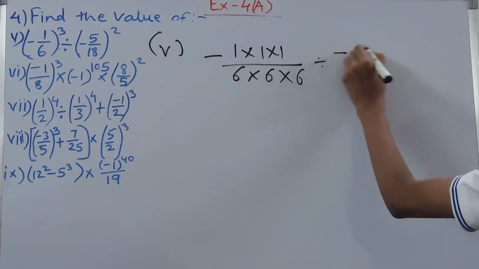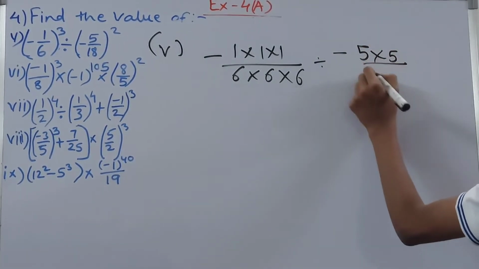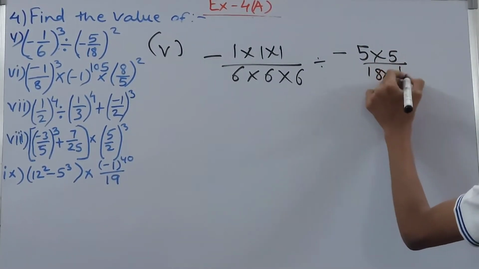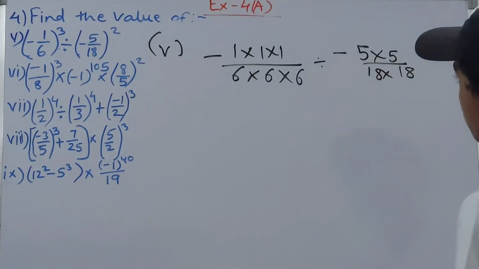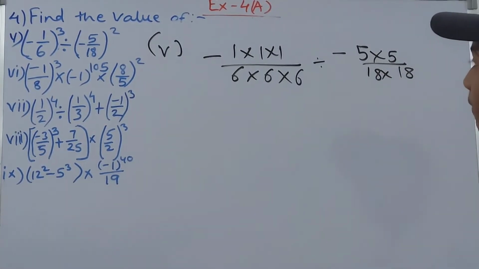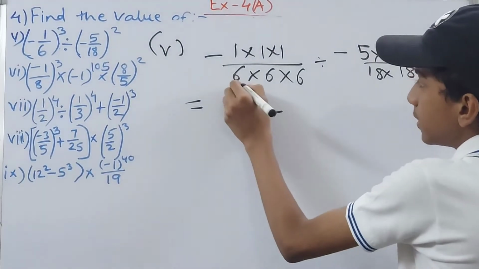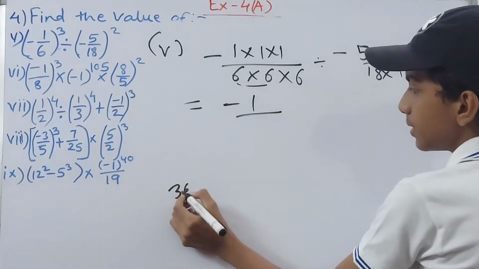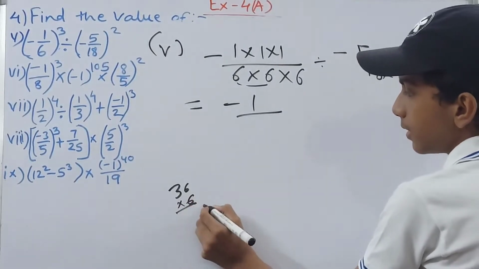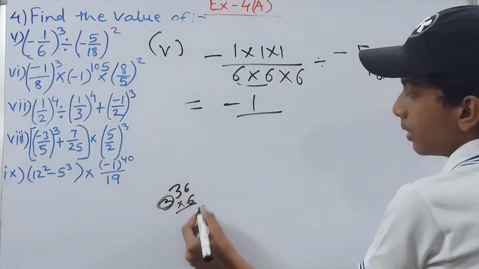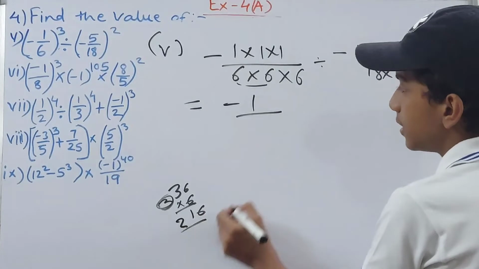So minus 5 into 5 here, and 18 into 18, 2 times. So what will we have here? Let's see. We'll have minus 1 upon 6 into 6 is 36, 36 into 6, this will be 216, right?